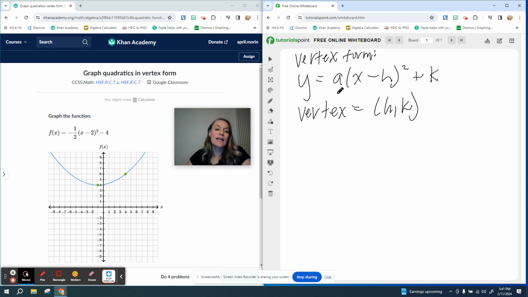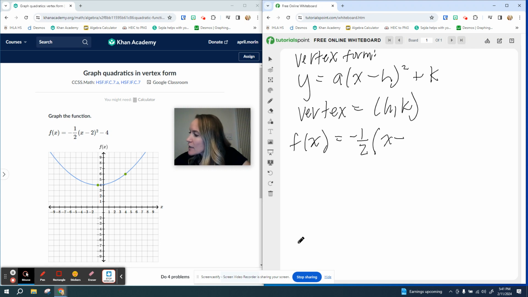So y in this case is f of x. a in this case is -1/2. x minus h in this case is x minus 2. Remember, h is +2, not -2, because in our vertex form, we have that negative right there. Squared plus k, and we have -4.